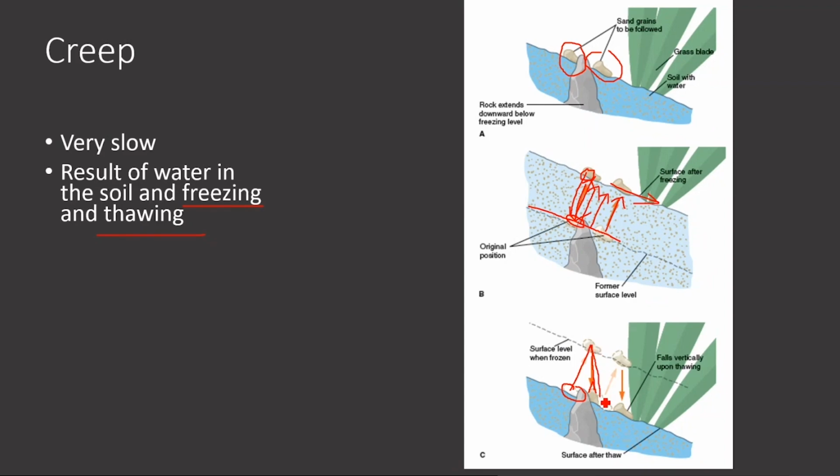After freezing, when it gets back, the material which initially was at the starting position has slightly moved, not a very fast movement, but slightly moved towards the downward direction. Continuously, for a longer duration, this will move the materials in the downslope direction. This process we call a creep.